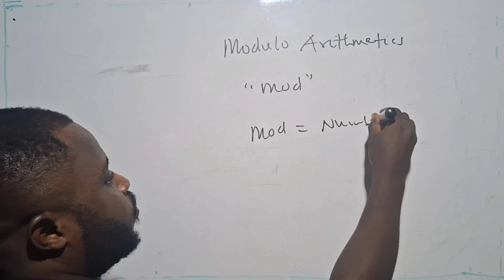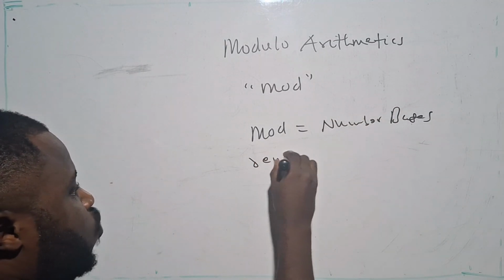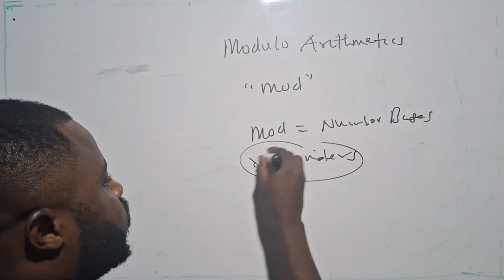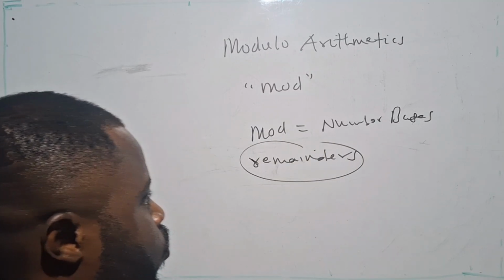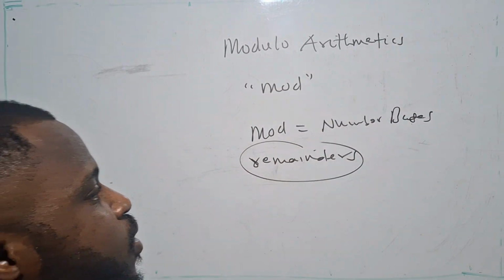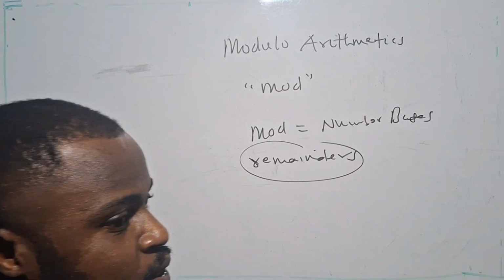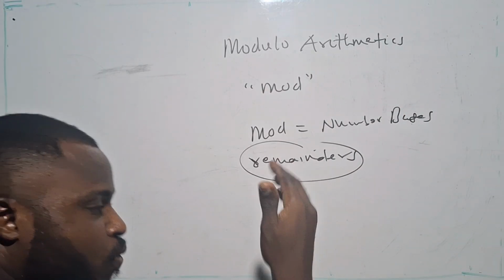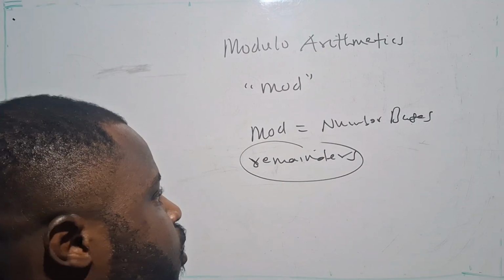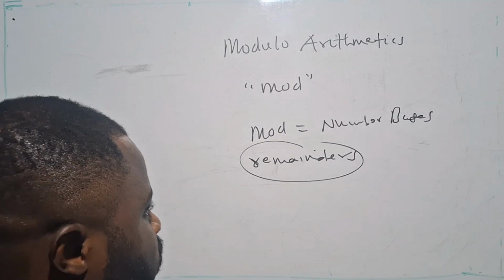In number bases, we work with the remainders. So in mod, the remainders are what we keep as answers. Number base has been treated very well, so you can check it out. When you learn number base, you also understand modulo arithmetic.